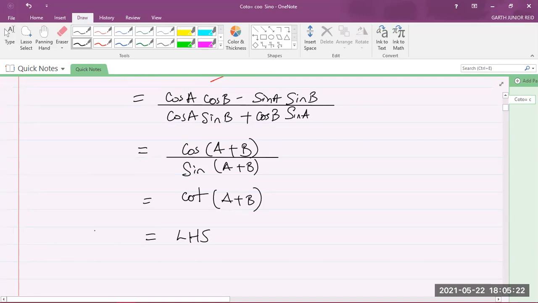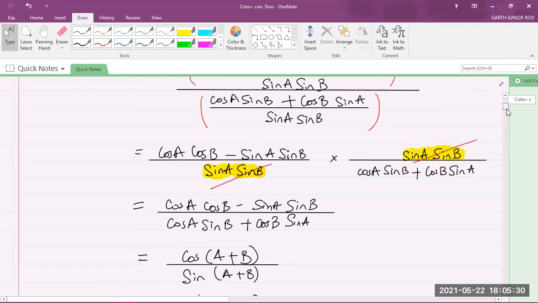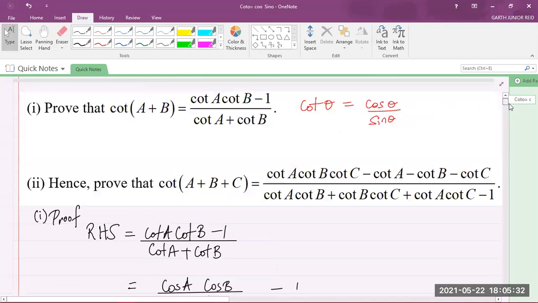So we can now say that the right-hand side is equal to the left-hand side. It means that we have now proven the first part of the question. So we are finished with the first part of the question.